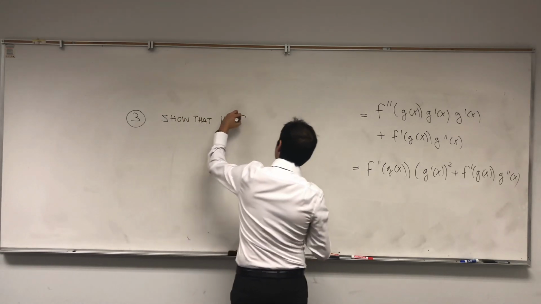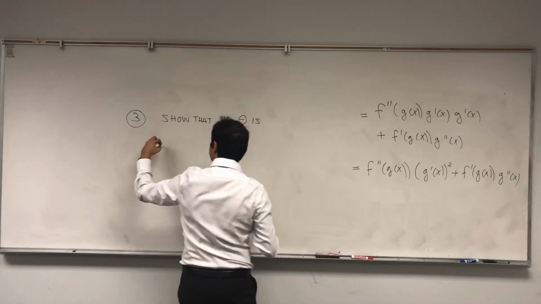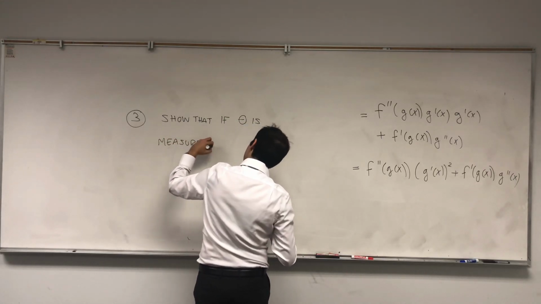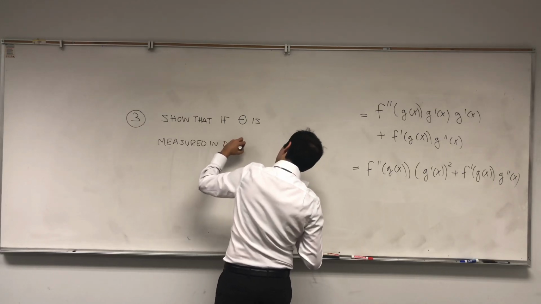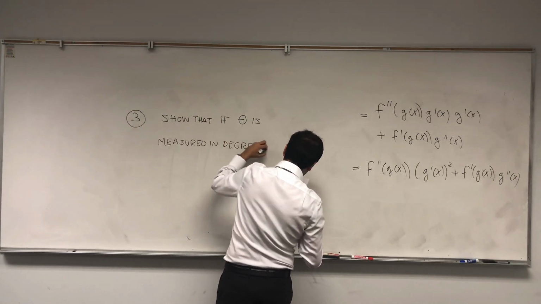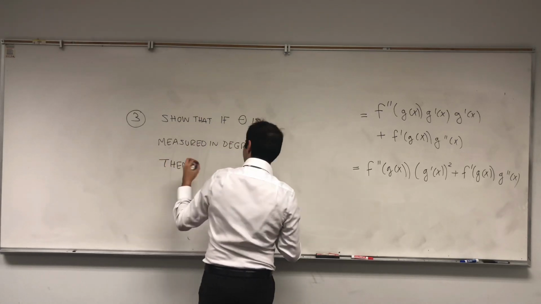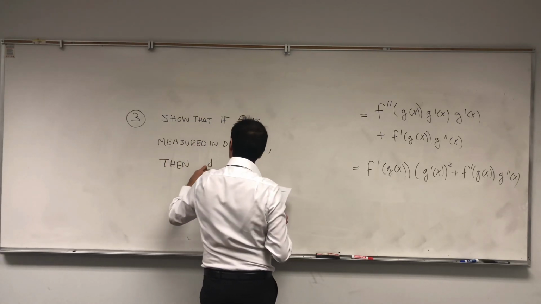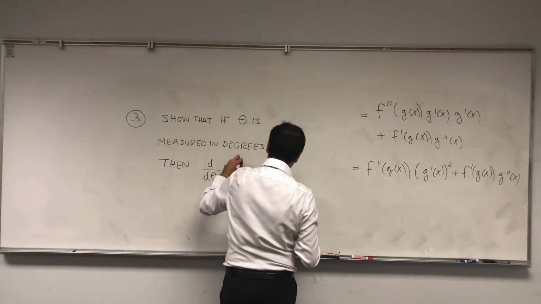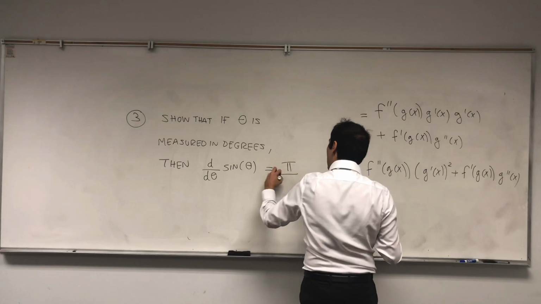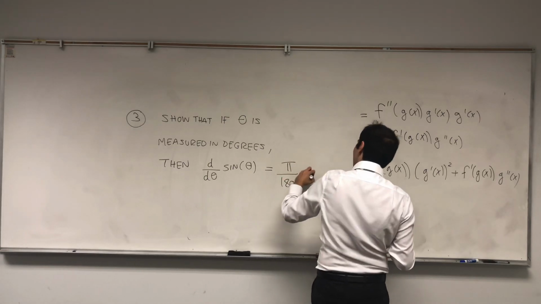if theta is measured in degrees, then actually the derivative of sine isn't cosine, but pi over 180 cosine of theta.